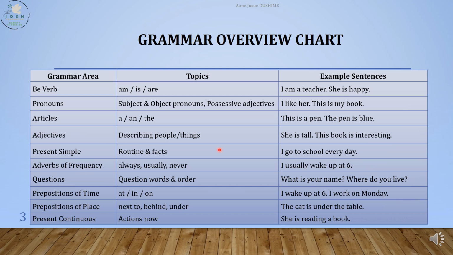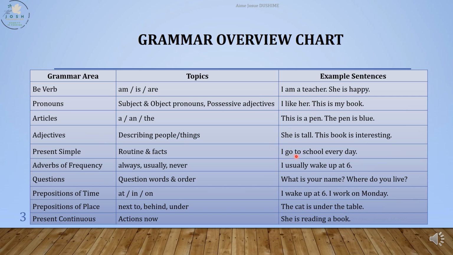For the negative, we use subject plus don't or doesn't plus V1. In the positive, on he, she, it, we add s or es. We use do with I, you, we, they. We use does with he, she, it.